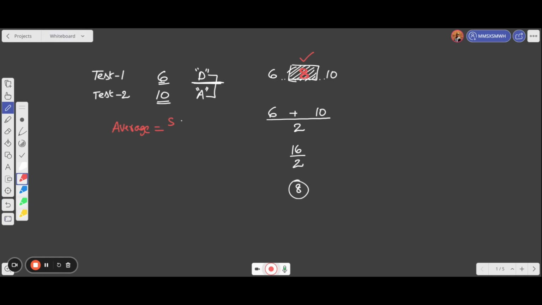So sum of quantities over, we have two quantities, therefore let me write that number of quantities. Well, let's try to apply the same rule in the next problem.